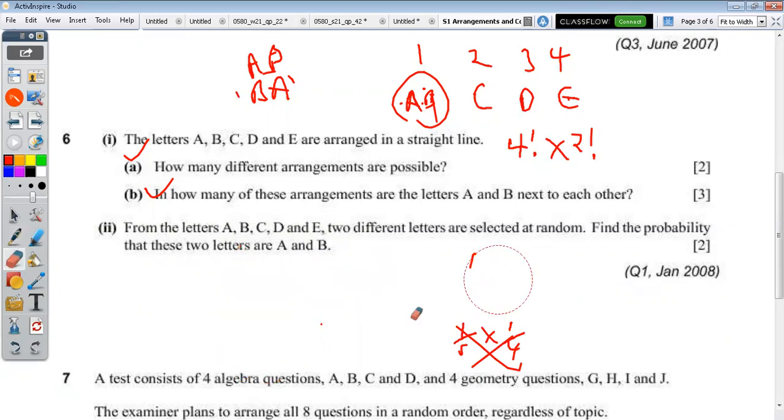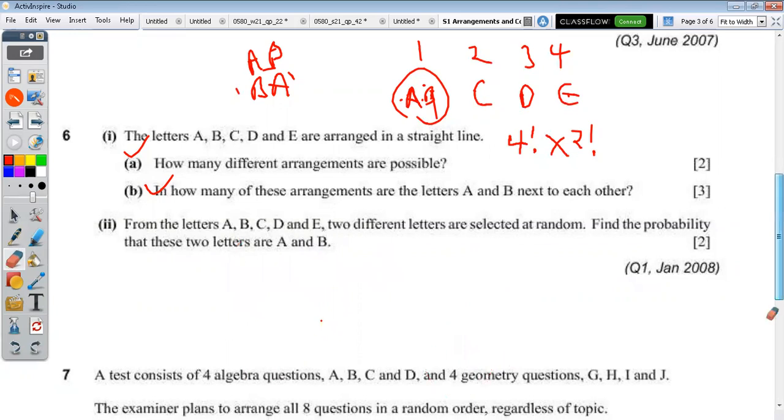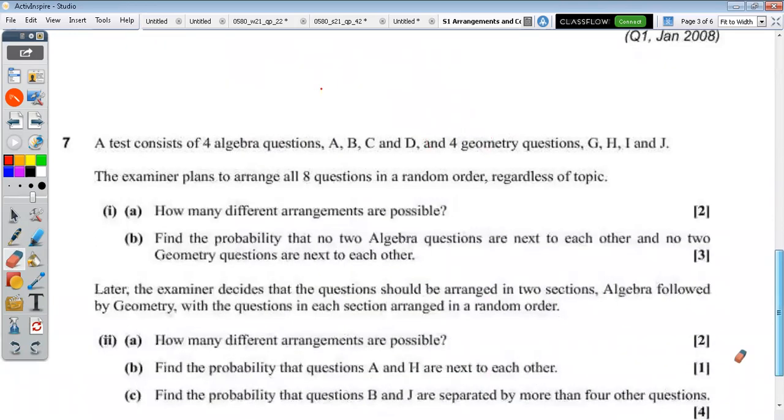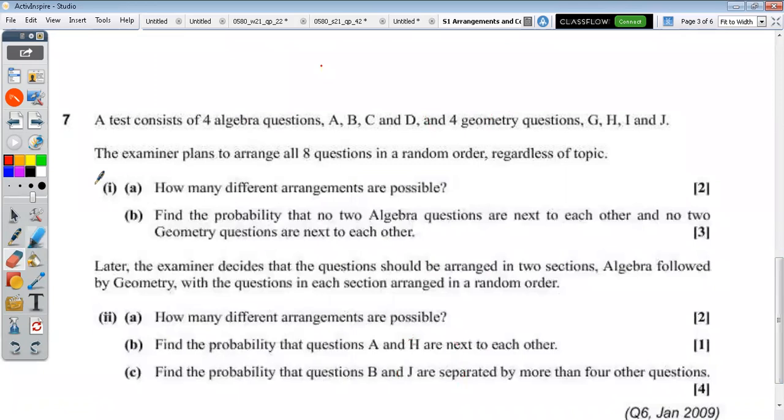Now, this is similar to almost the first question that you should be able to get correct. Okay, so a test consists of 4 algebra questions, A, B, C, and D, and 4 geometry questions, G, H, I, and J. The examiner plans to arrange all 8 questions in a random order, regardless of topic.